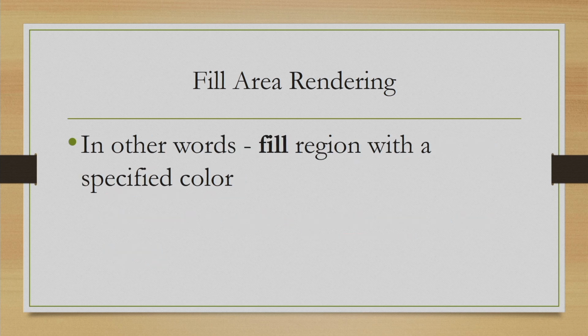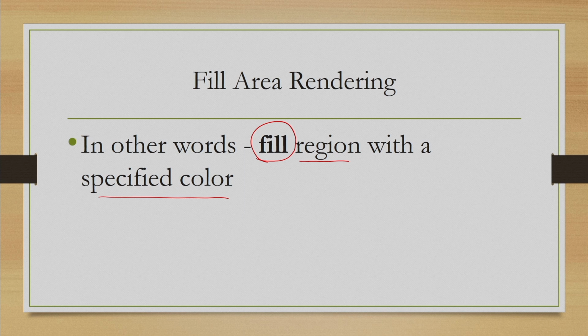Now, that is the same as saying that we want to fill a region with a specified color. So, that is fill area rendering, one of the topics of our discussion today.